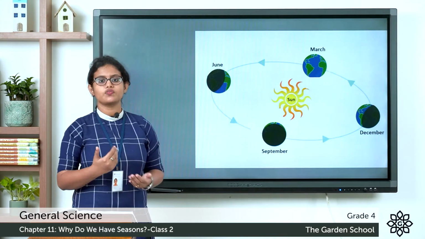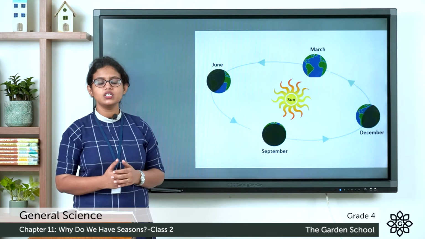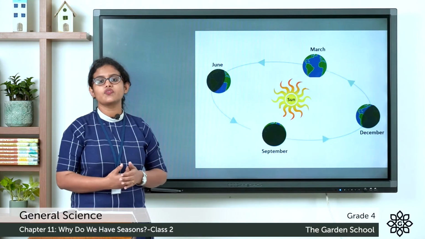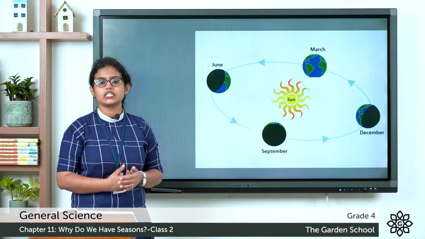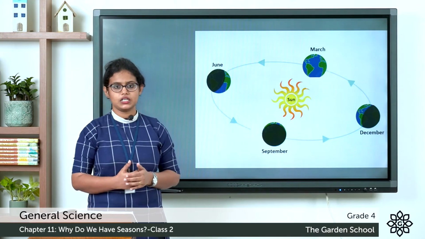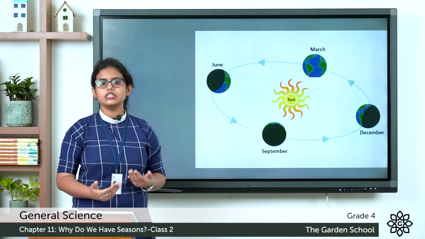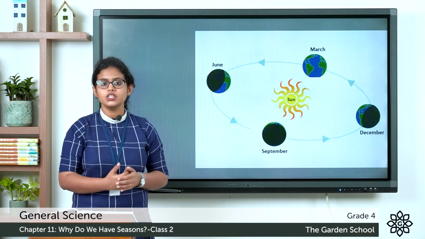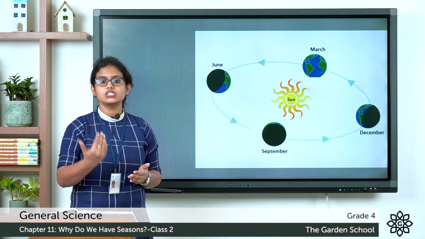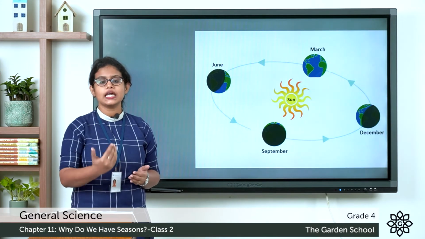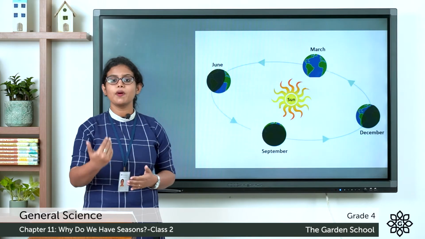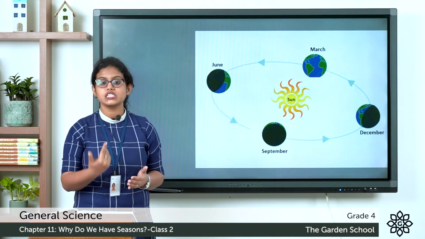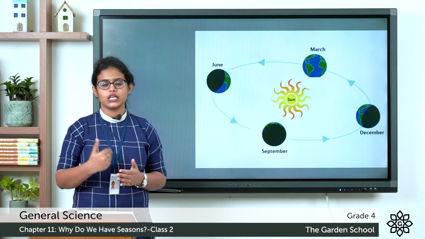The half of the earth which is near to the sun will receive more light and heat. The part that is slightly away from the sun receives less light and heat.